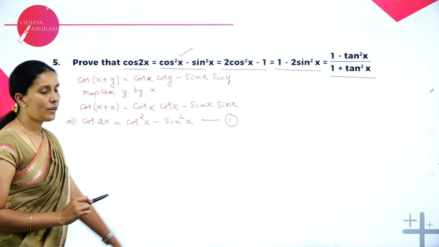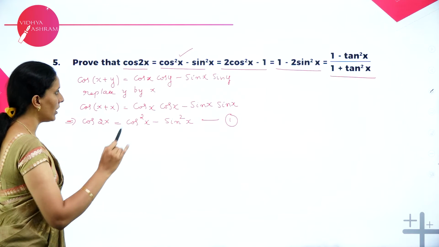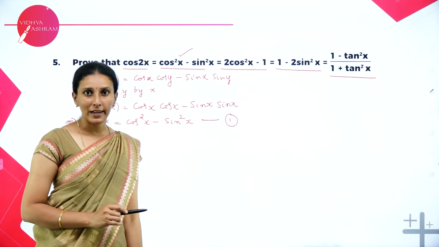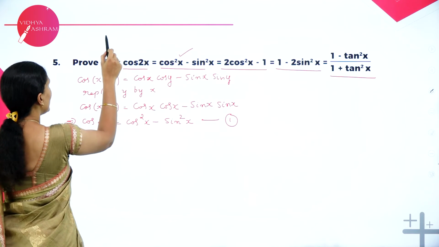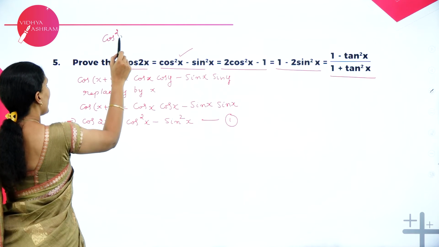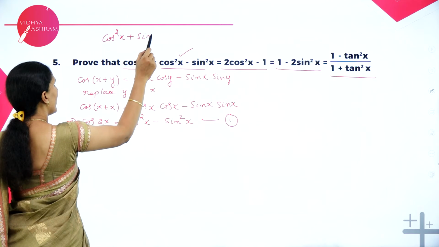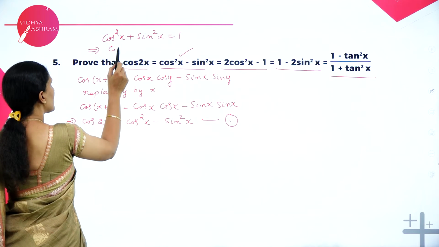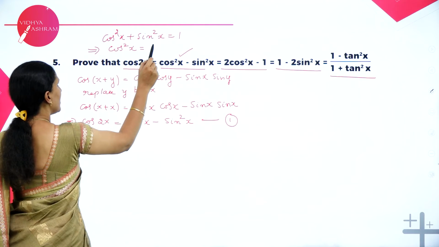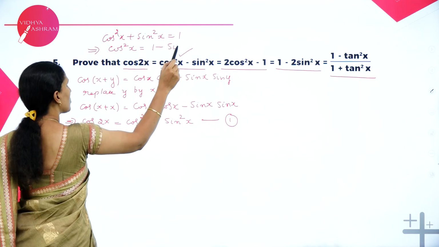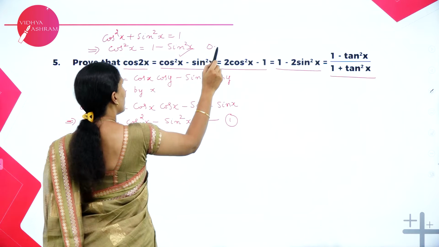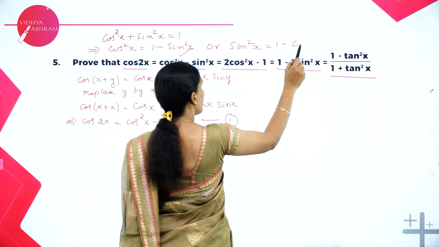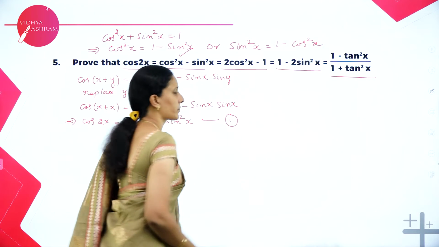Now let's move on to the remaining identities on the right hand side. We need cos 2x as 2 cos square x minus 1. We know the identity cos square x plus sin square x is equal to 1. Here cos square x can be written as 1 minus sin square x, or sin square x can be written as 1 minus cos square x.